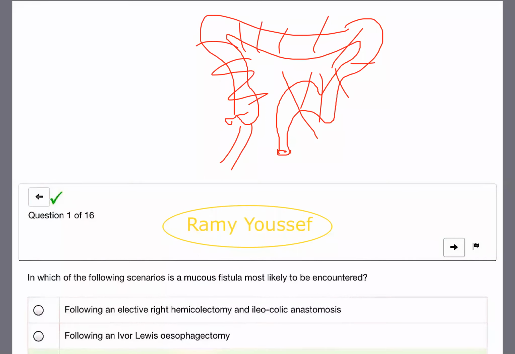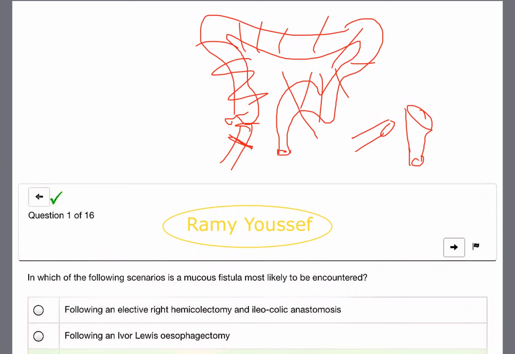After we remove it, you also have to take 10 centimeters of the ileum. We have two options. The first one, you take the ileum and connect it with the rectum, what is called ileorectal or ileoanal anastomosis.